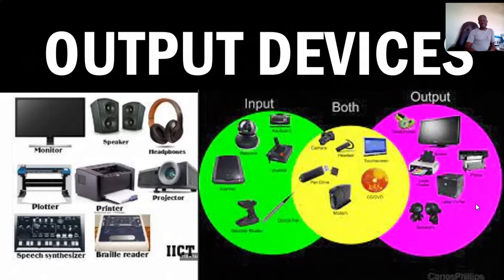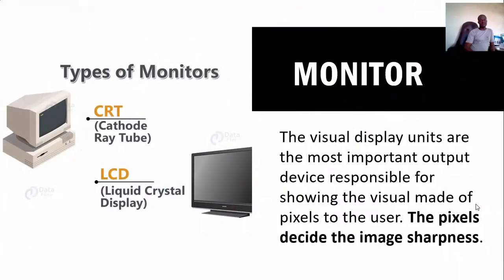Moving on to the output devices, just as we had input devices, in output devices there are some of the items mentioned here that serve both as an output and an input, as earlier mentioned. So now let's go to some of them. Monitors are mostly categorized into two: one called CRT and the other called LCD. The CRT stands for cathode ray tube, whereas the LCD is referred to as liquid crystal display.